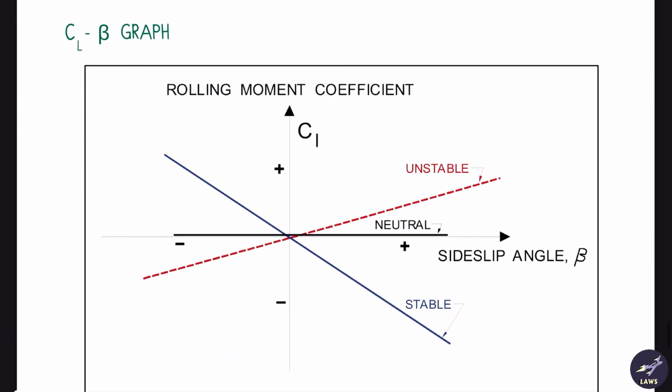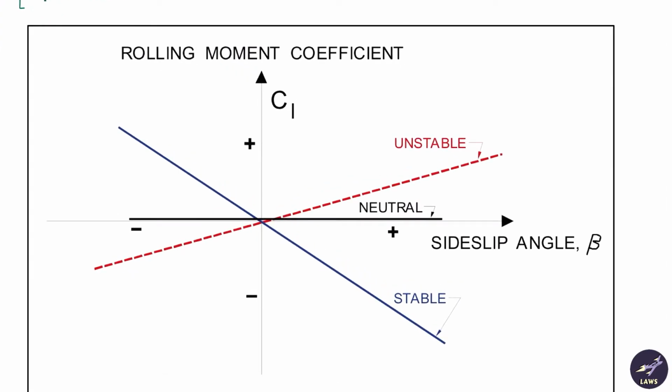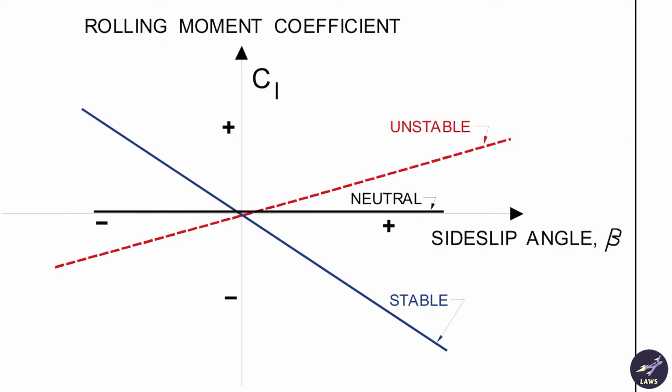So if we look at this graph, we look at a couple of examples here. Here we have positive side slip angle and positive coefficient of rolling moment. In this case it is right side slip because it is positive.